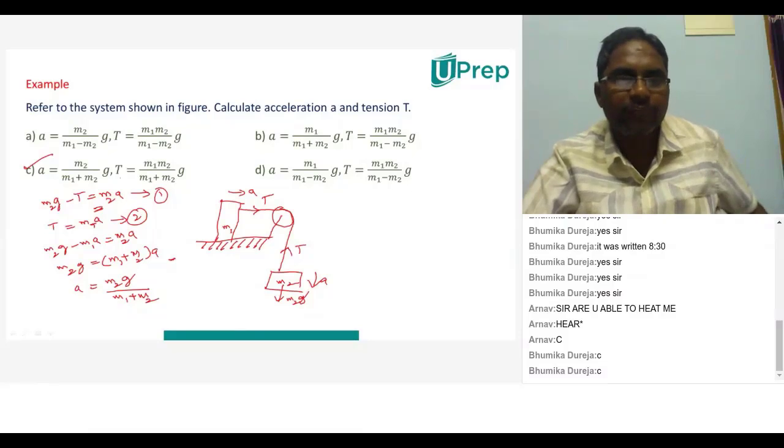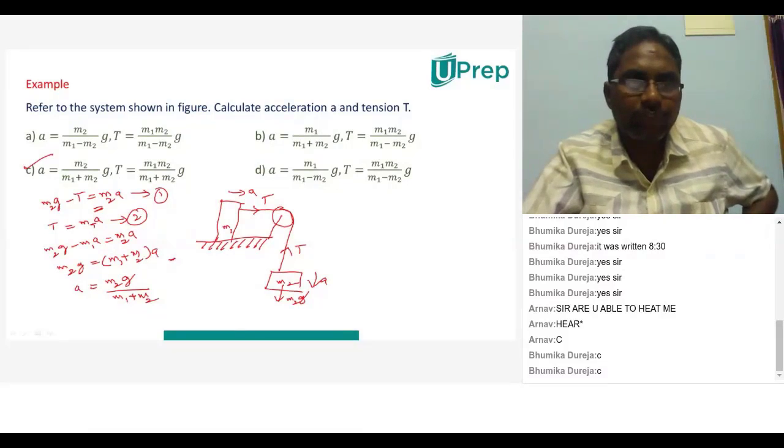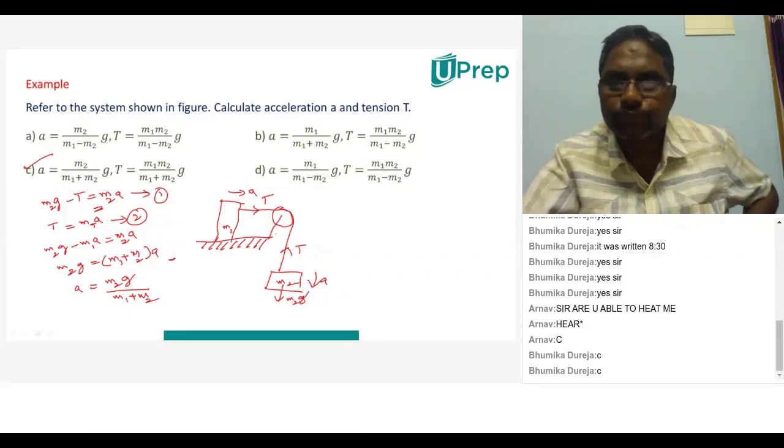For T, how will you get it? T is equal to M1A here, and here M2G minus T is equal to this one. So how will you get T here? Now you divide equation number 1 by 2. Equation number 1 is what?